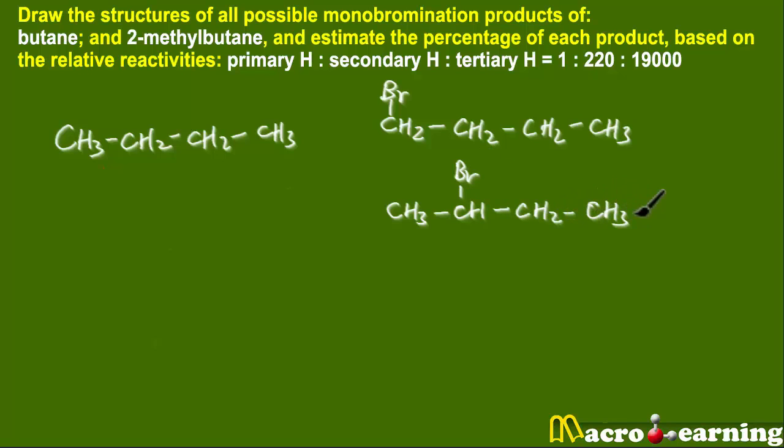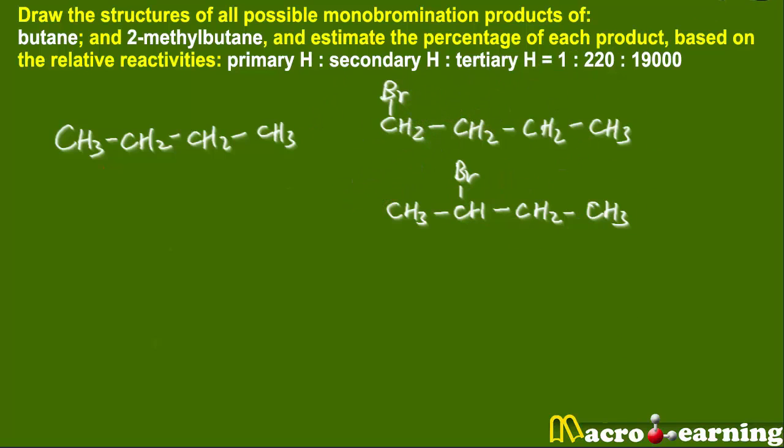Okay, and those would be the only possible products for butane's monobromination. Because if the bromine ends up on this carbon or this carbon, it will still be the same structure as either one of these. So these two are the only possibilities.